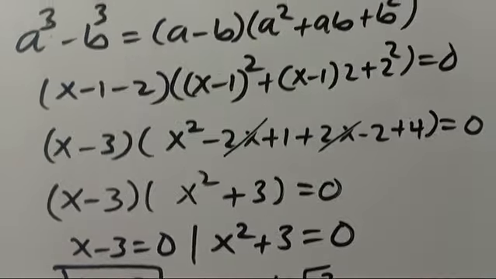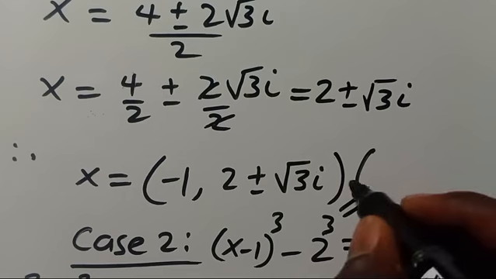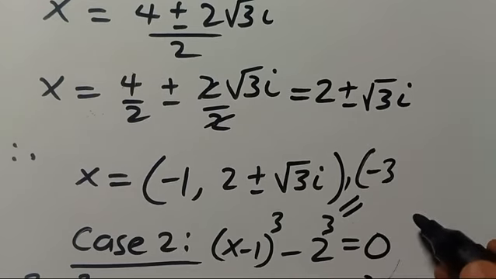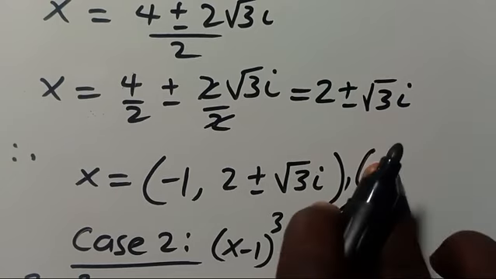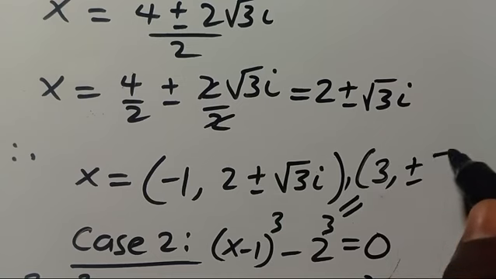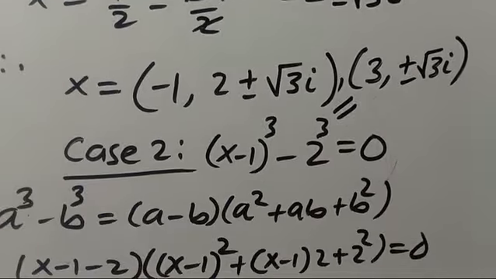So from here we also have another solution for x to be 3, comma positive or negative root 3i. So this is another solution for the problem given to us.